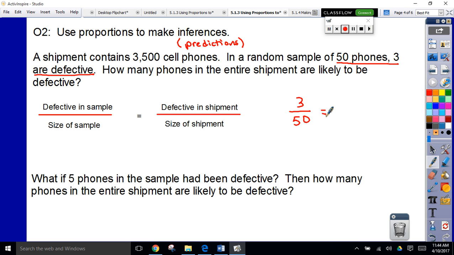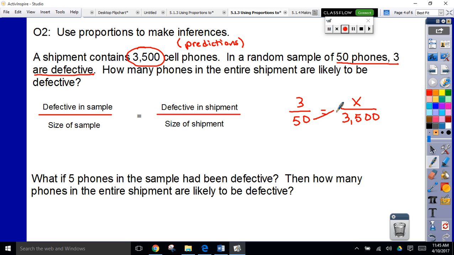Now we want to know how many phones in the entire shipment are likely to be defective. Well, defective is on top, total is on the bottom, so that's what we don't know, is x. We don't know how many phones are defective. We know how many phones are in the shipment. The shipment has 3,500 cell phones, so now we just need to solve that proportion.